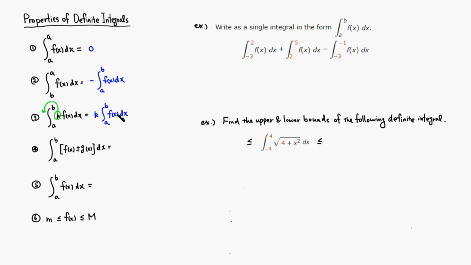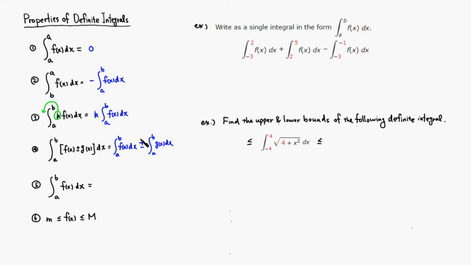And the next one, if you have addition or subtraction, we can do the integral on each first. So you have an integral of f of x, and you find the integral of g of x separately. Then you can carry out the addition or subtraction later.